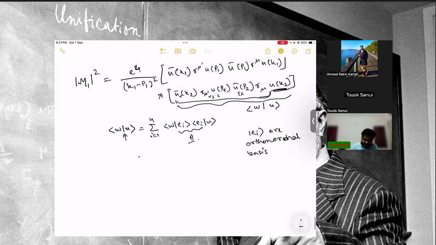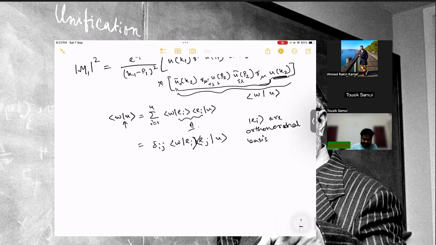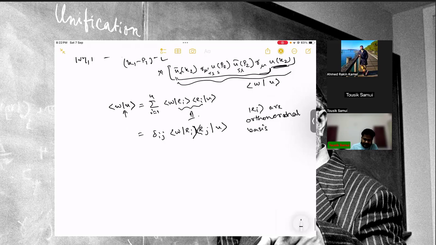In other words, if we just use the Einstein summation convention, then let us write delta ij w e_j, then e_i, so j, this is nothing but just one of the indices contracted with delta ij, and this we can then write as e_j u. Remember, these e's are the basis vectors.